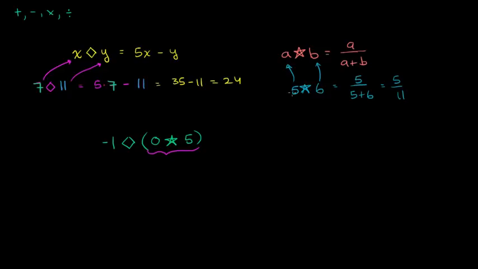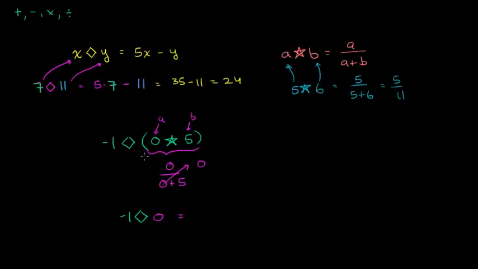0 star 5, that is 0. So now you could view this 0 as the a and the 5 as the b. So it's going to be 0 over 0 plus 5, which is just going to be 0. So this over here is 0 over 5, where it just goes to 0. So this whole expression simplifies to negative 1 diamond 0.